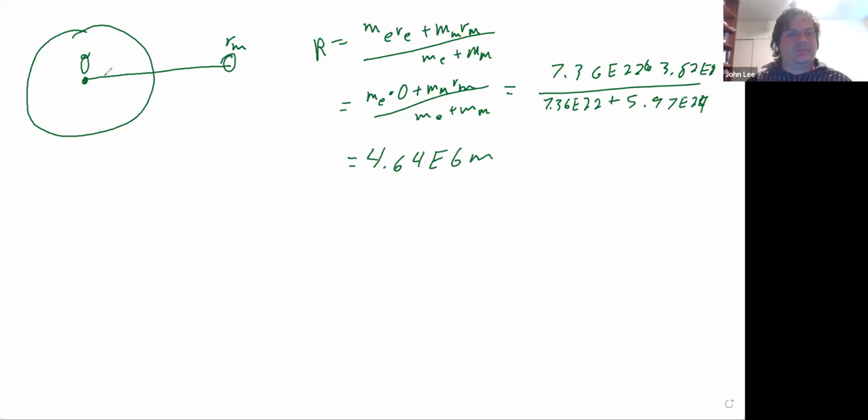Which is going to be around here. So instead of actually orbiting the center of the Earth, both the Earth and the Moon are orbiting their center of mass, which is going to be somewhere under the surface of the Earth. So the main thing that you want to learn from this is that even if you have a mass at r equals 0, you have to include it in the total mass.